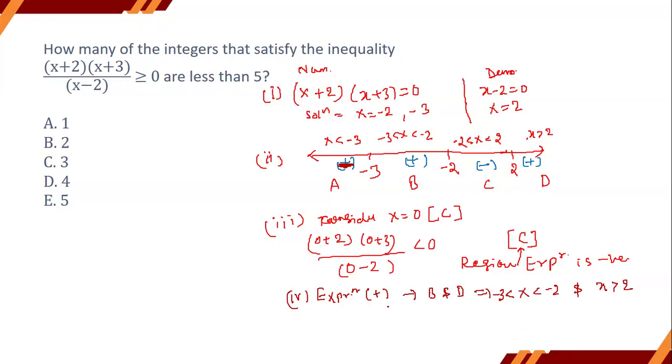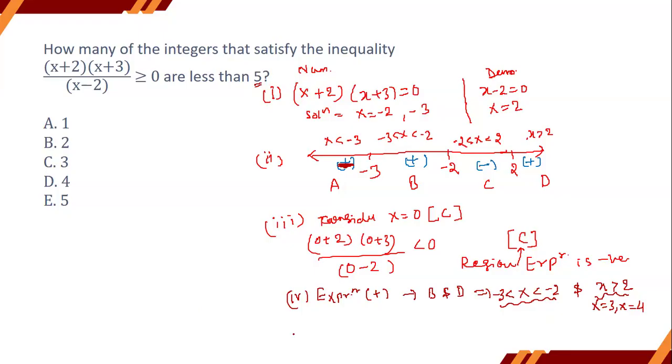So this is positive in regions B and D, but in region B we do not have any integer. We have integers in region D, but what is the condition given here? That the integers should be less than 5. So we can take x equals 3 and x equals 4. So two integers make this expression positive.